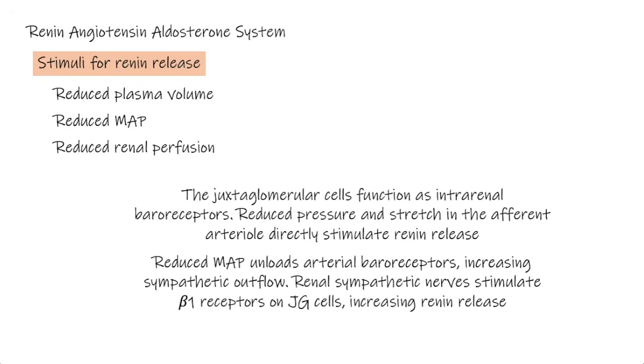The other mechanism is that reduced mean arterial pressure unloads the arterial baroreceptors that we talked about in the cardiovascular system. When these baroreceptors are unloaded, they increase sympathetic outflow. Some of these sympathetic nerves, which go to the kidney, stimulate beta-1 receptors on the JG cells, causing them to increase renin release.